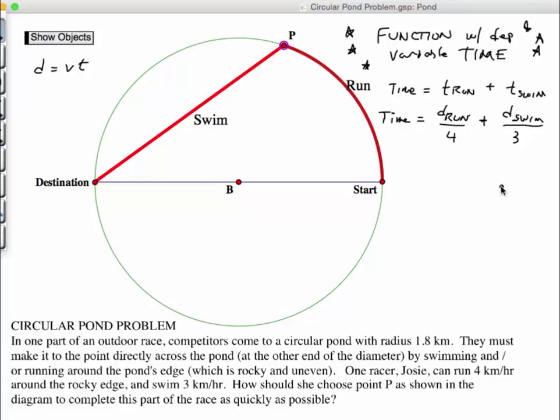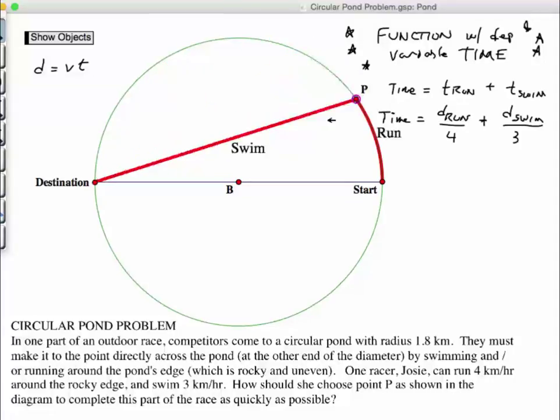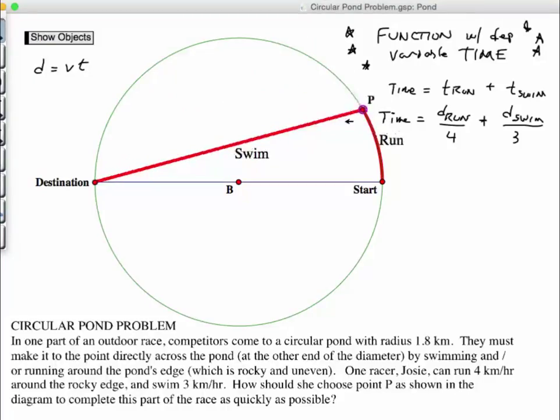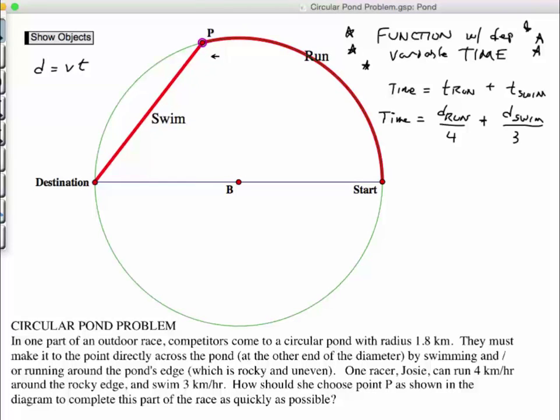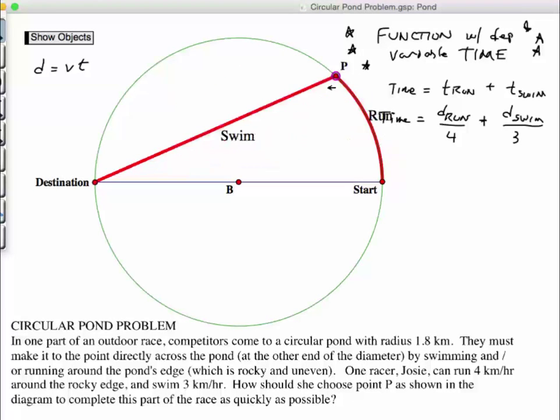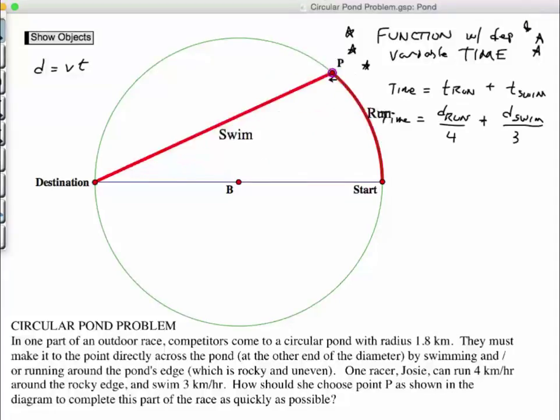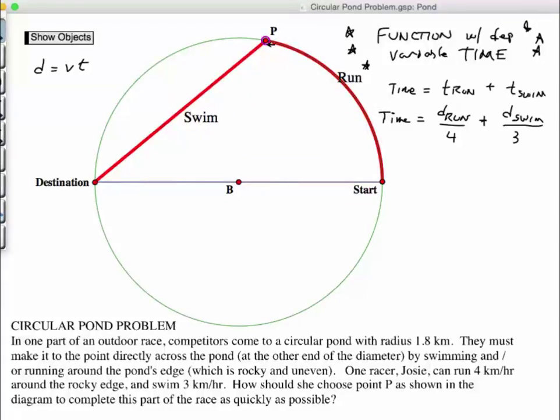Okay, so now the question is, what variable do we want to decide where she's going to stop running and start swimming? So really, what variable is going to determine point P? And I told you this was about trig, right? So do you see a convenient quantity that determines point P?